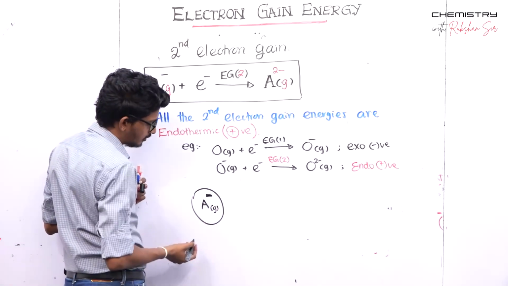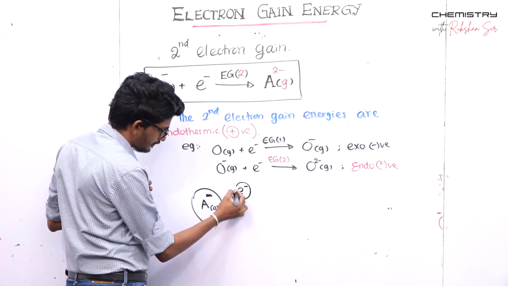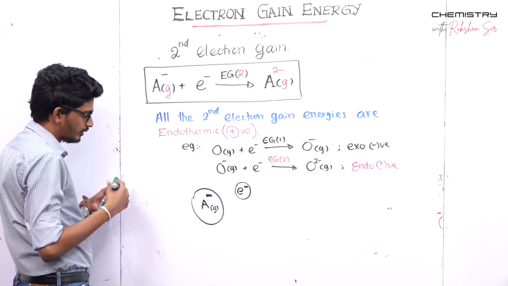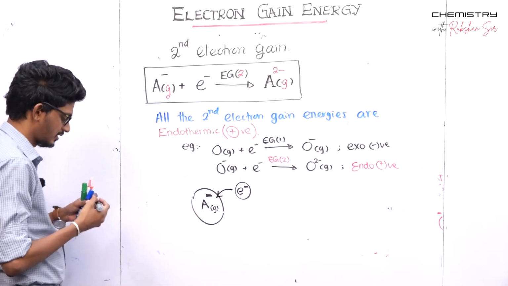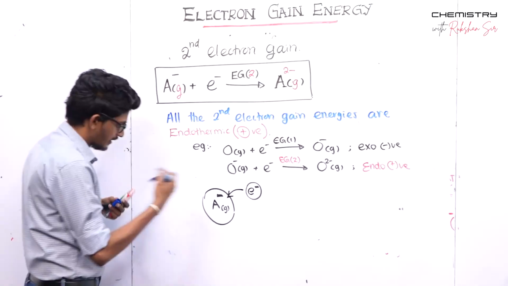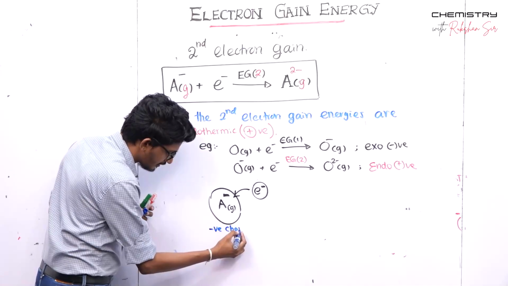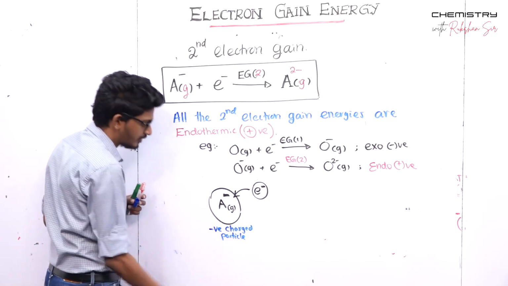So you are trying to add an electron, which is also negatively charged. So this is a negatively charged particle, the second electron gain.